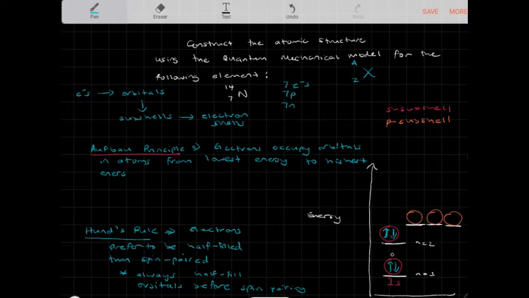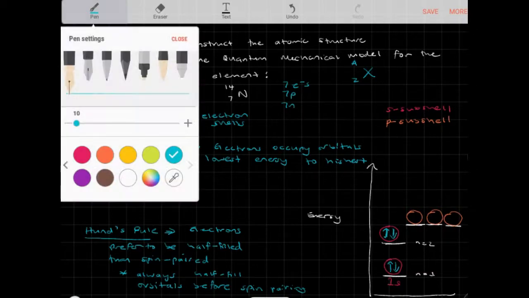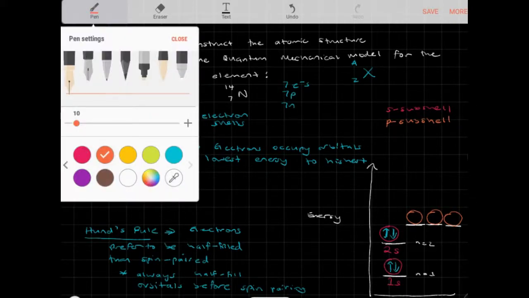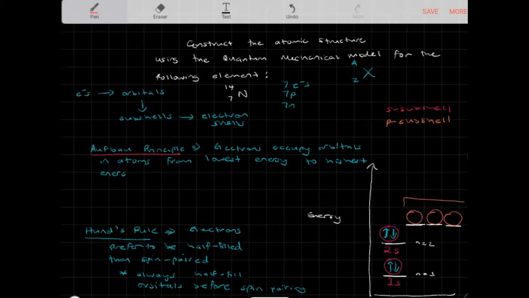So that's 4 electrons I've accounted for. Now nitrogen has 7 electrons, so I need to fill the other 3 in the P subshell, right? This is the 2s subshell. This whole thing here is the 2p subshell. Each p subshell has an x, a y, and a z orbital.